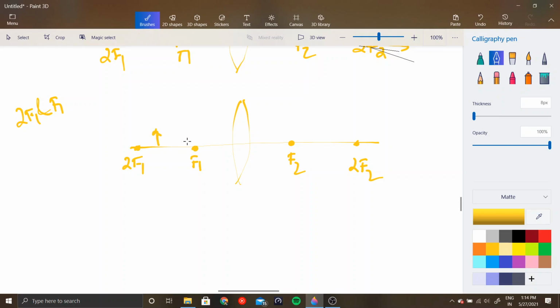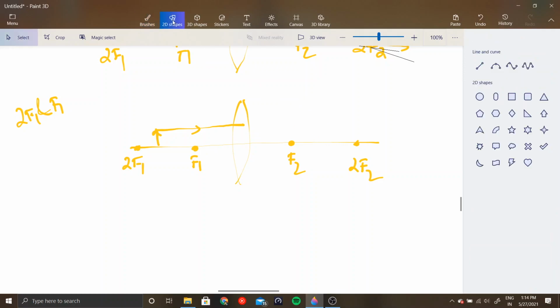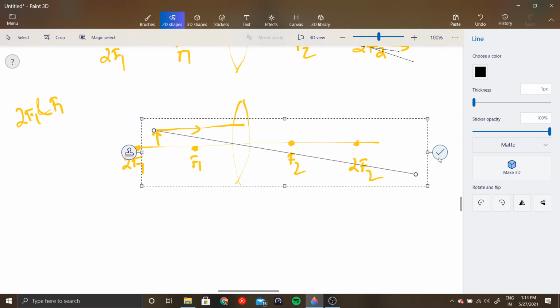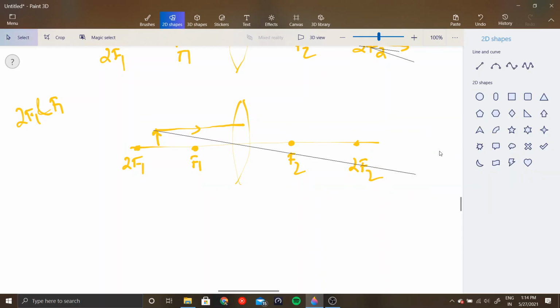Again, you have two rays. One is parallel to the principal axis, and the other will pass through the optical center. Because we just know about these two rays, right? So we need to use these two rays for getting any kind of image. One passes through the optical center, and the other one is parallel.